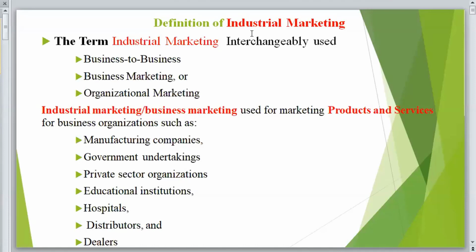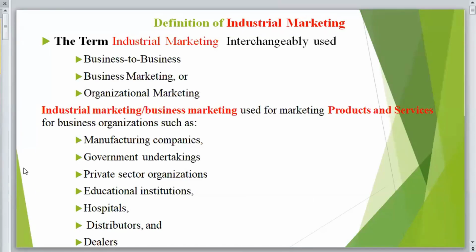You can think of it, because this is an educational institution. Hospitals also purchase; nowadays there are different masks or sanitation materials and so on. So the transaction between the producer of this sanitary material and the hospital could be industrial marketing.